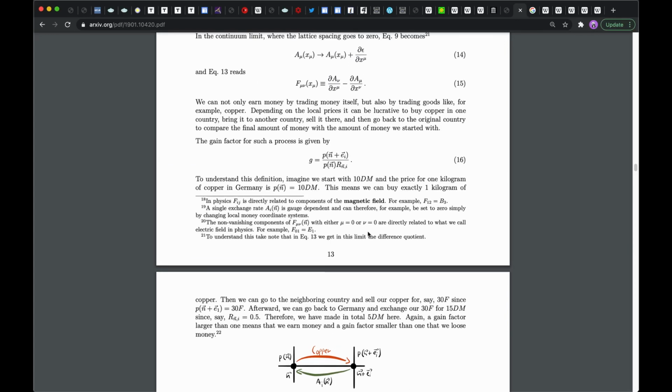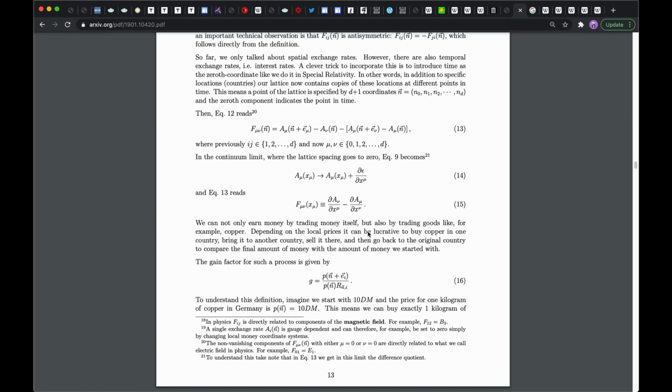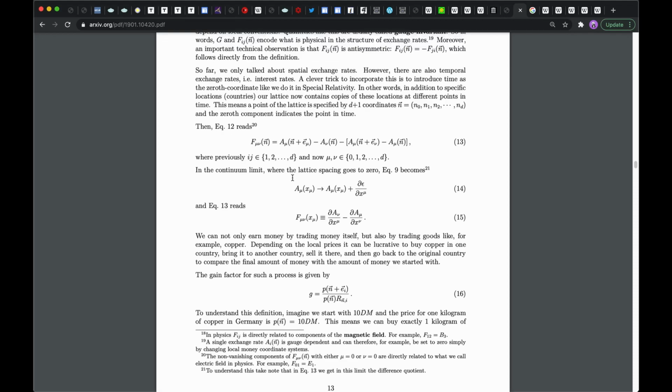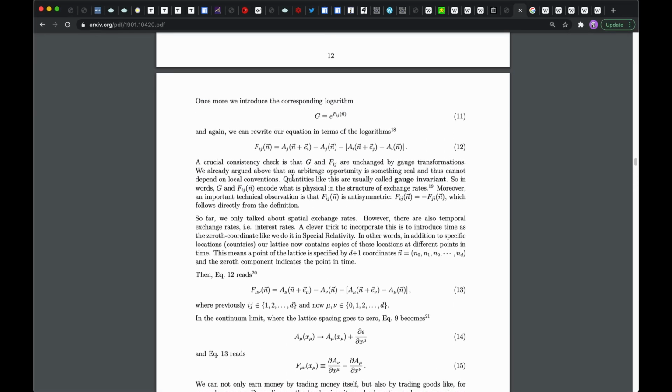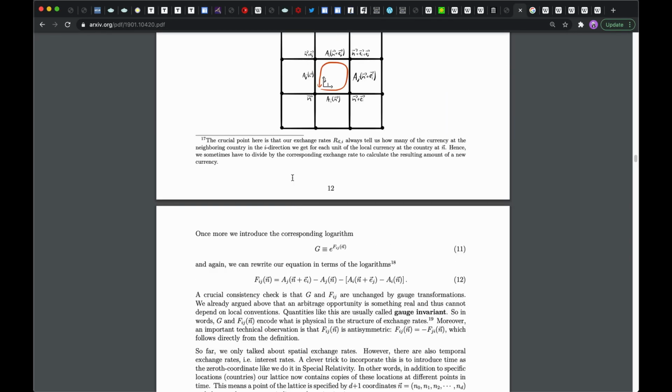But the interesting moment here is that from that mathematical description we can obtain really familiar notions like the electromagnetic potential or the Maxwell tensor, and those will describe the curvature, the arbitrage possibilities in our system, and those A's here will describe some kind of logarithm of the exchange rate.